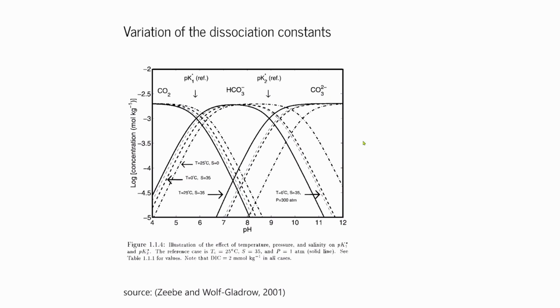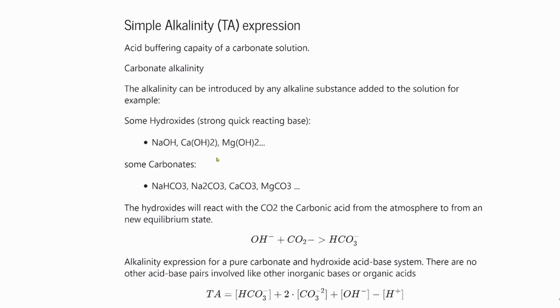Therefore you need proper geochemical modeling programs. But I'm just going to show the solution for a simple case with the assumption of ionic strength 0, so salinity 0. The last ingredient we need to describe our system is the alkalinity.